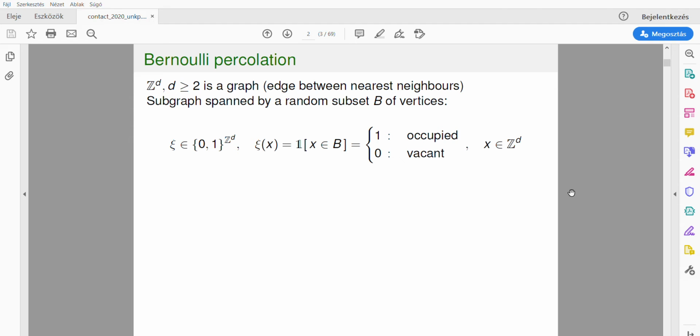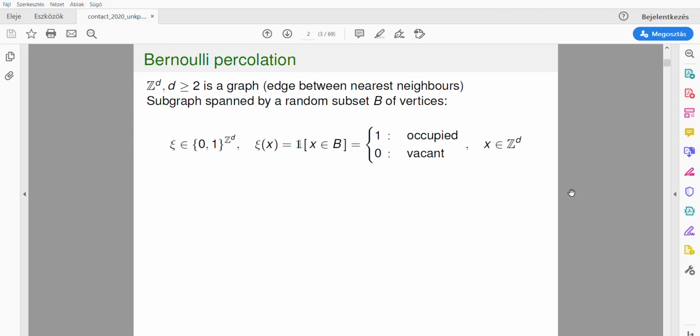So to each point of Z^d, we assign 1 if that point is in the set B. So if a vertex x is in B, then the corresponding value Xi of x is going to be 1, and in this case we say that this vertex is occupied, while if the vertex x is not in the set B, then Xi of x is 0, or alternatively I say that this site is vacant.